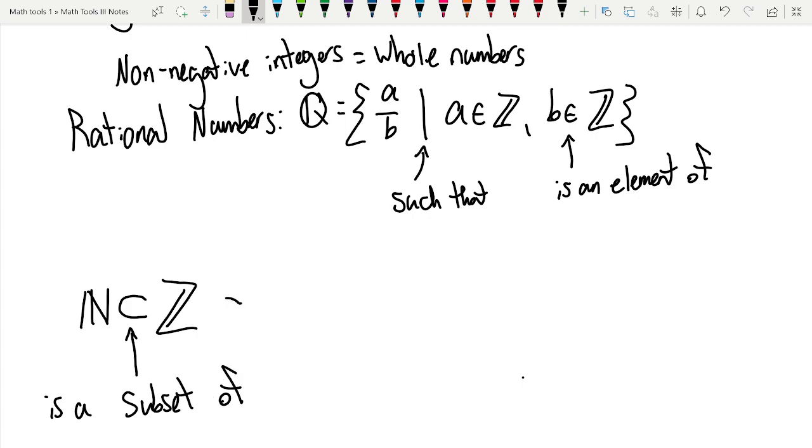And like I said, we'll spend a couple of days just on sets, looking at these different definitions, like subsets. But we say the natural numbers are a subset of the integers, which is a subset of the rational numbers. Meaning that the entirety of the natural numbers are included in the integers, and the entirety of the integers are included in the rational numbers. And therefore, by the transitive property, the natural numbers are included in the rational numbers.